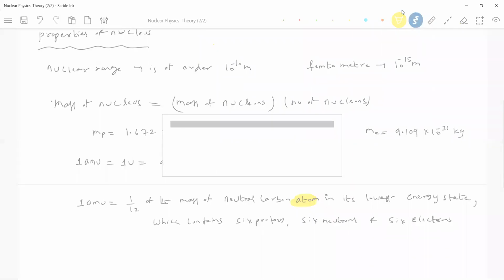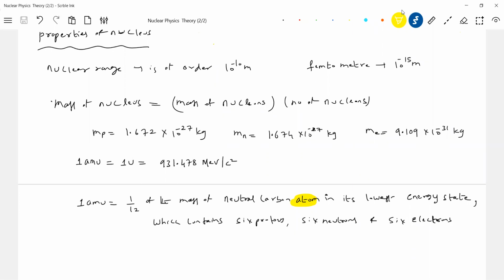Now, what have we brought in? To measure distances and also to measure mass, we first brought in units. The first one is atomic distances, you write.